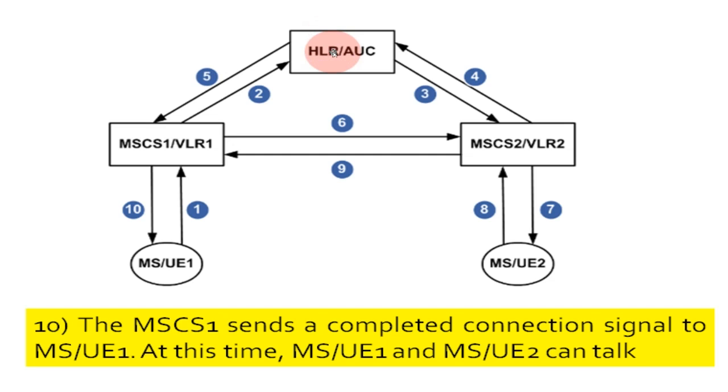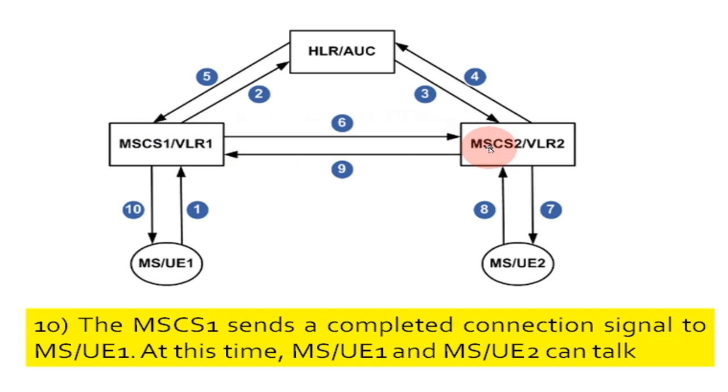What the HLR will do now is to send a routing information request to MSC2 where MS2 is actually located, and then MSC2 is going to send the mobile station roaming number back to the HLR. The HLR will forward this mobile station roaming number to MSC1. Based on this mobile station roaming number, MSC1 is going to establish a call to MSC2.